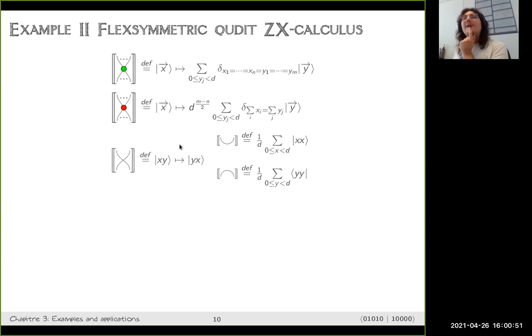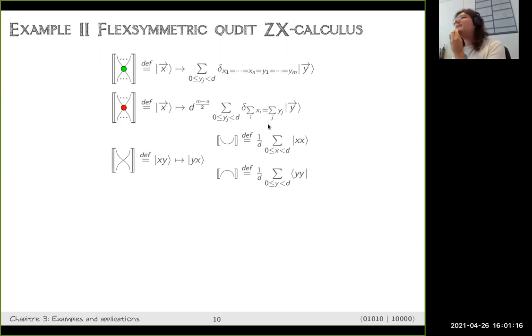And here what happens is very similar to the previous result: green is obviously FLEXSYMMETRIC because there is a complete symmetry between inputs and outputs. But the red one, you see, if you want to transform an input into an output, you want to go to the other side of this equal sign, and then you need to put a minus.